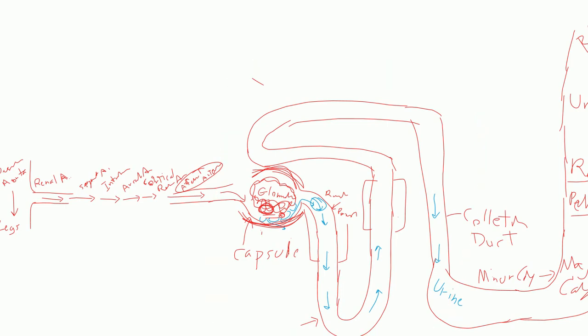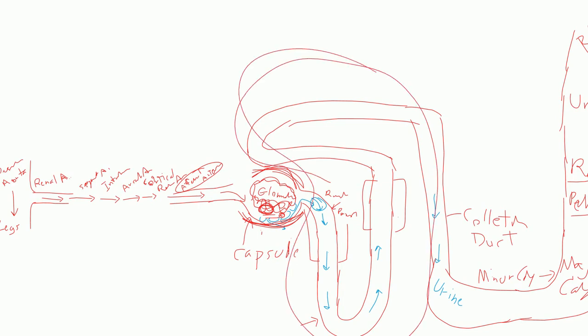This is what we call the nephron. And the nephron comes in two compartments. One is what we just talked about earlier, the renal corpuscle. The other section is what we call the renal tubule. This whole area here, the renal tubule, is the latter part of the nephron.